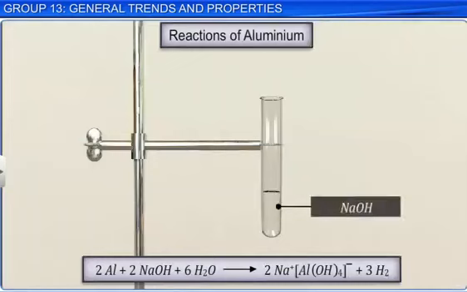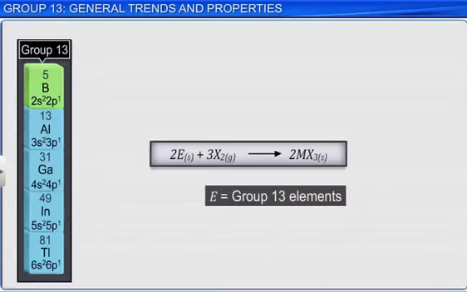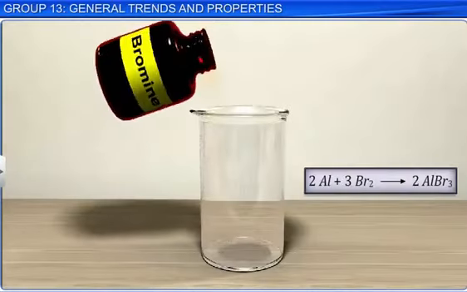In the presence of hydroxides, aluminium reacts to form complex ions and release hydrogen gas. The group 13 elements, with the exception of thallium, react vigorously with the halogens to form halides. The reaction of aluminium with bromine is shown here.